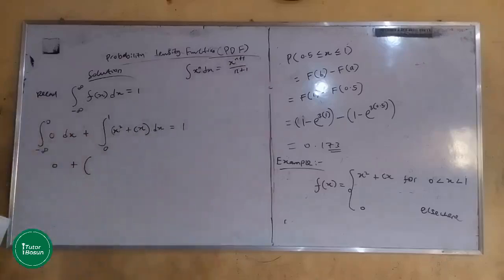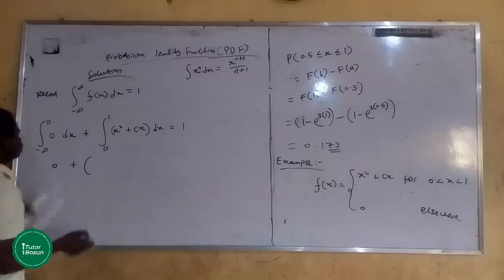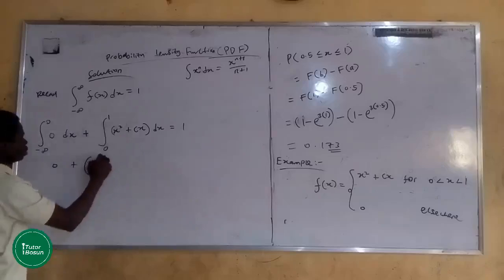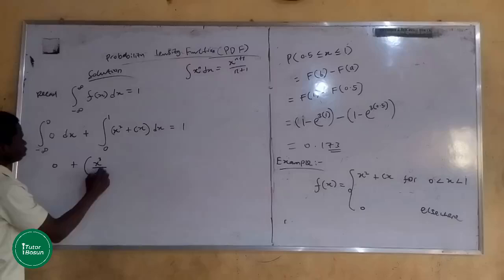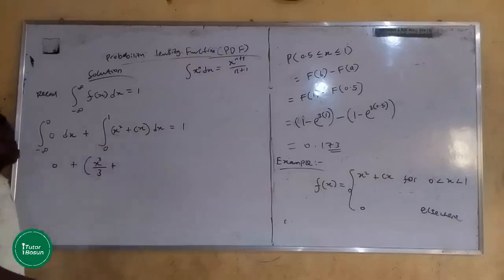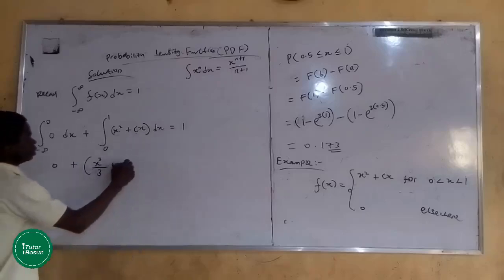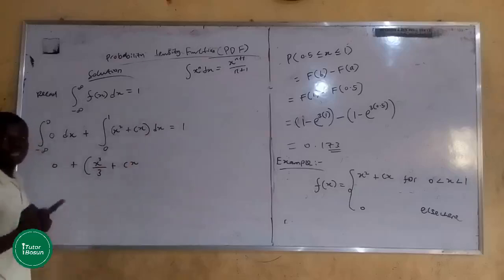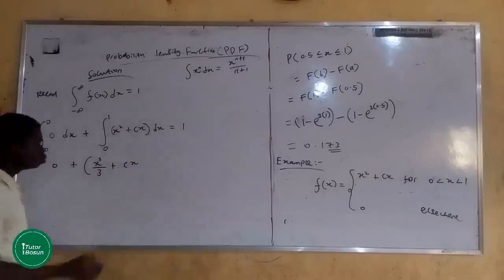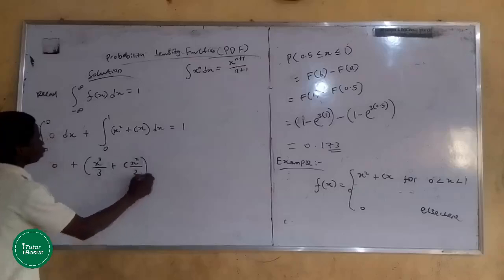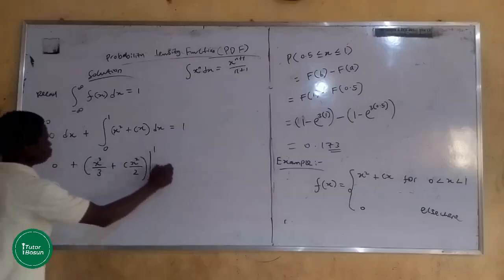So that's how we go about that. So this will give us x raised to power 2 plus 1, which is x cubed over 3, plus, since c is a constant, you don't touch it, c x raised to power 1 initially, then it becomes x raised to power 1 plus 1, that's x squared over 2, and everything from 0 to 1 equals 1.